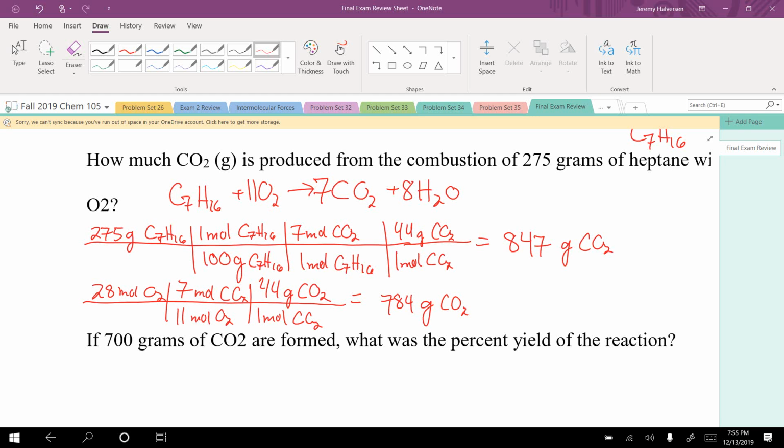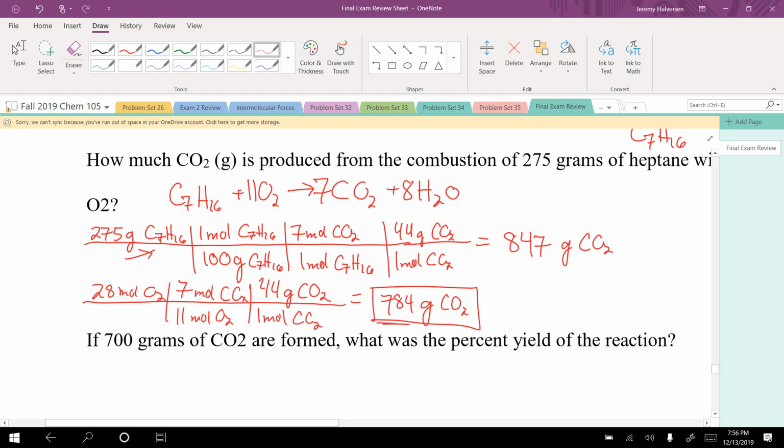So which reactant is limiting? Oxygen, because it made less CO2. How much CO2 am I going to make then? This. Okay. What is this number? Theoretical and fake. Do I ever make 847 grams of CO2? No, that's just how much I could have made if I had this much heptane and unlimited oxygen, but I don't. So I'm only going to make 784.